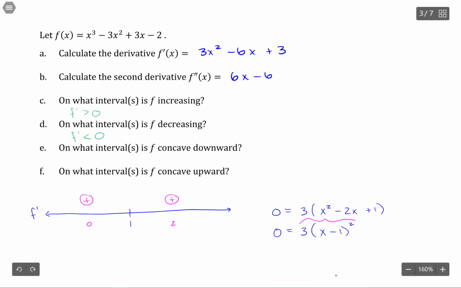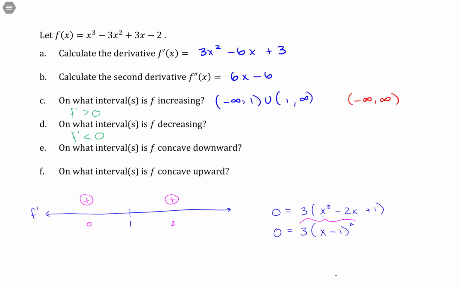So what that means is my function is increasing on the interval from negative infinity to positive 1, and then again from 1 to infinity. Now, do be careful not to put in negative infinity to positive infinity.